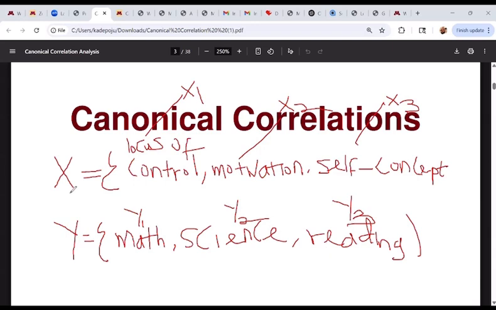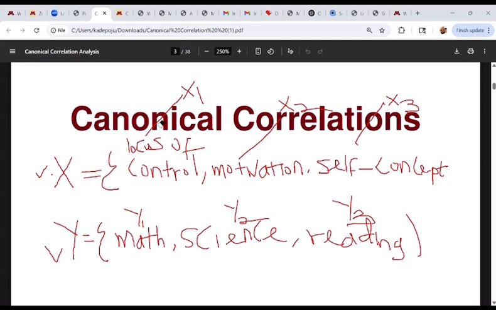We're going to construct a canonical correlation between the linear combination of this set and the linear combination of that set. And of course, a strong relationship may characterize a personality profile of high locus of control and motivation with overall academic performance.